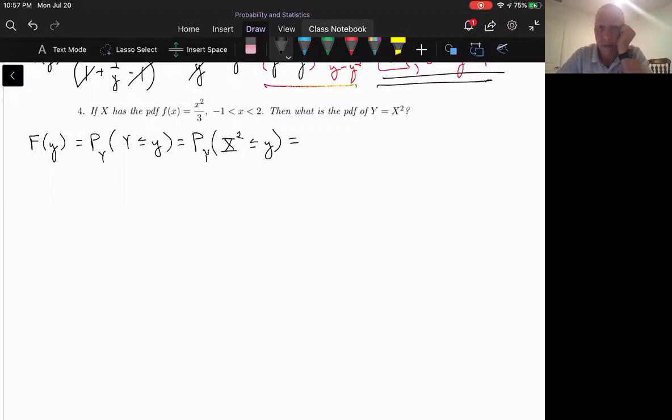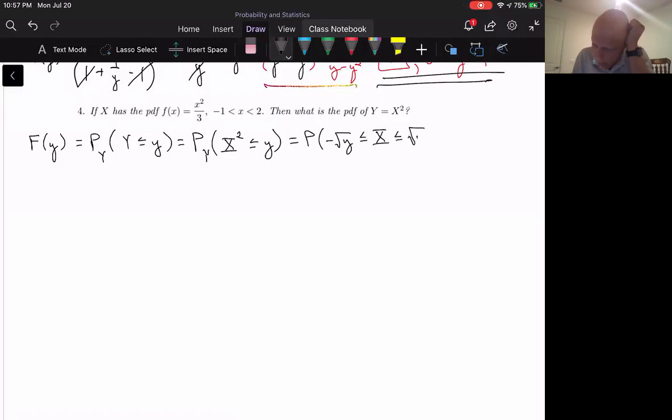Square root both sides. So you would want to square root. And what would you write? Because this is where you may make a mistake on this particular problem. Would you do negative root y less than or equal to X less than or equal to root y?